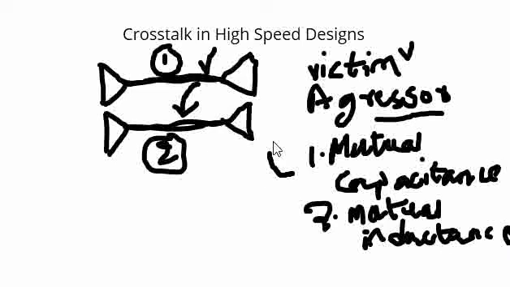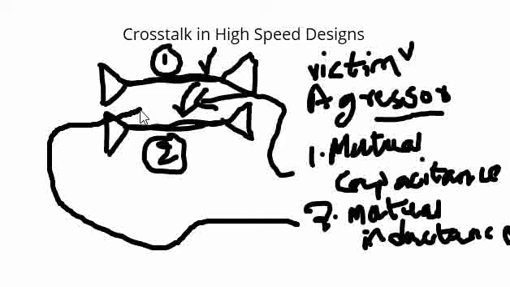So mutual capacitance is something that happens between the traces, and mutual inductance is also something which happens between the traces. So what actually are mutual inductance and mutual capacitance? Let us have a look.